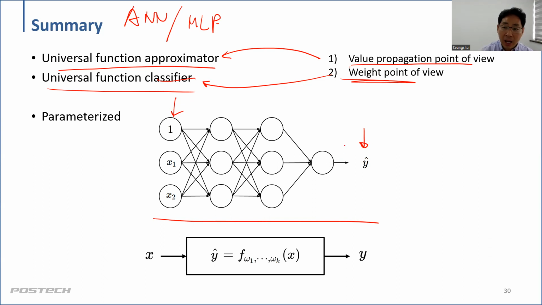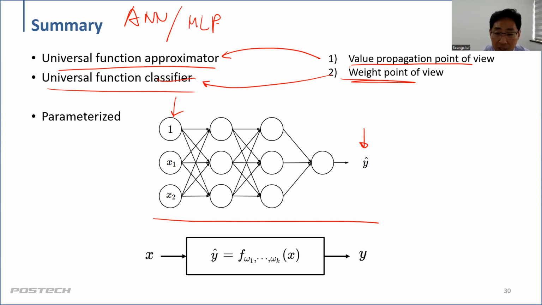Now, users have to predefine the structure of the neural net. Say I'm gonna have how many layers, and in each layer how many neurons. That's something that we have to design. Nobody's gonna teach us or tell us.